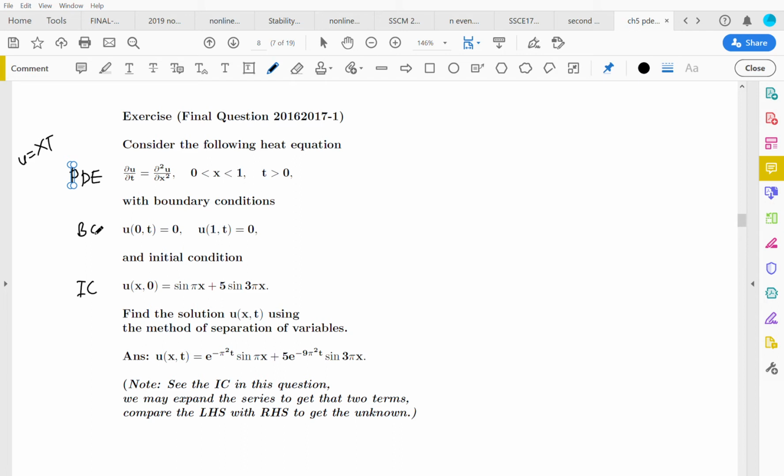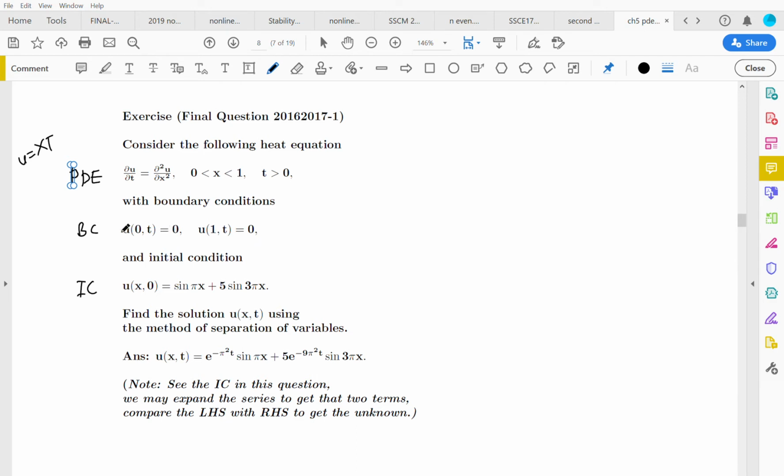The boundary condition also we have to change using u equal to X(x)T(t) to have the new boundary condition. Actually, the boundary condition here is also the same as in the previous case. We have zero temperature type at both ends.